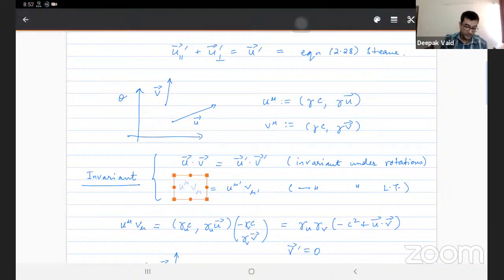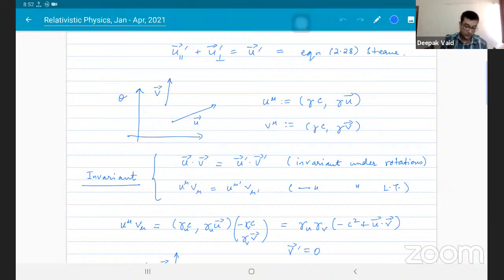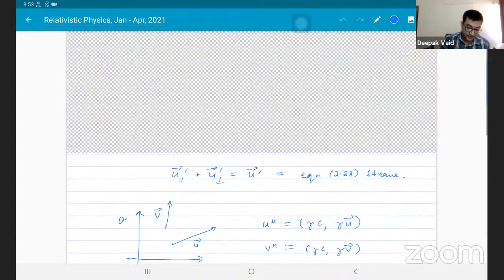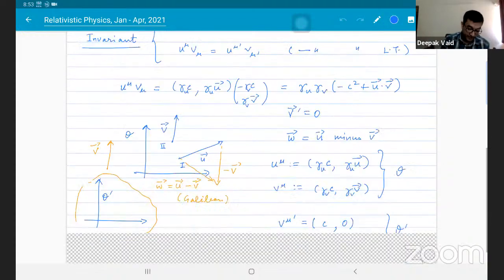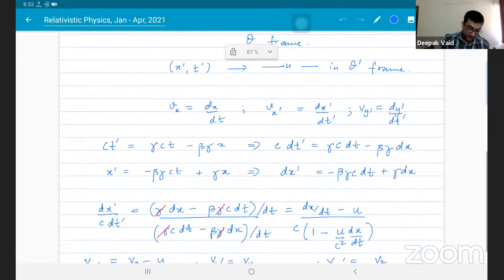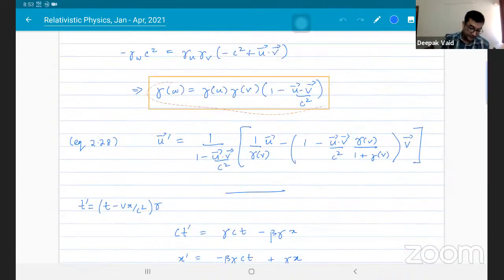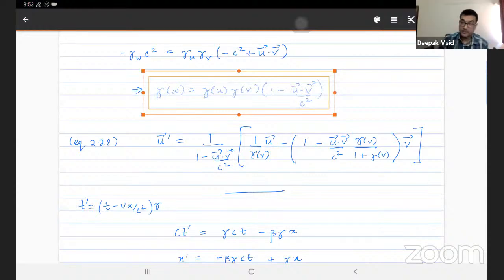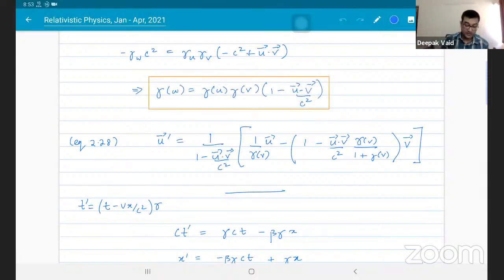So if I look at the inner product in one coordinate system and another coordinate system, they are both the same. This fact can be used to derive this identity, which relates the Lorentz factors of two particles moving relative to each other and with respect to some external observer.